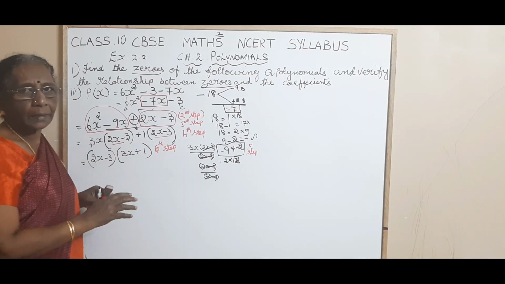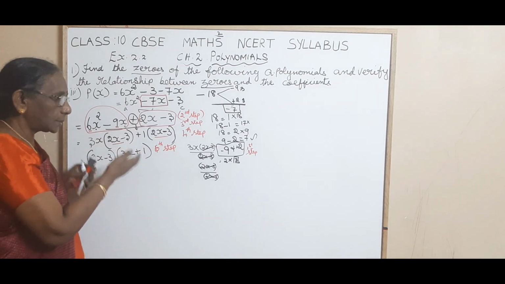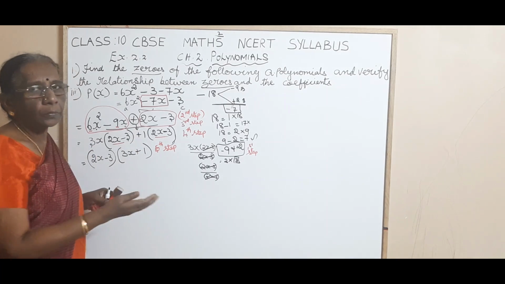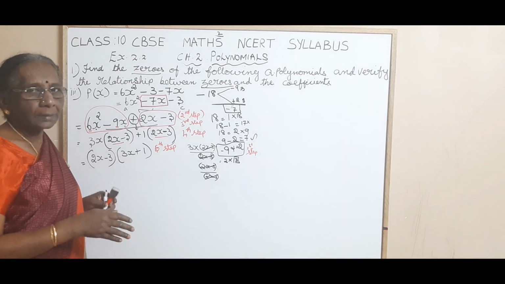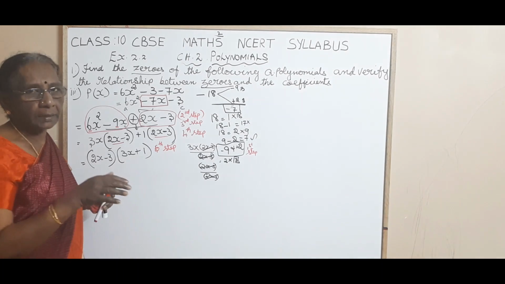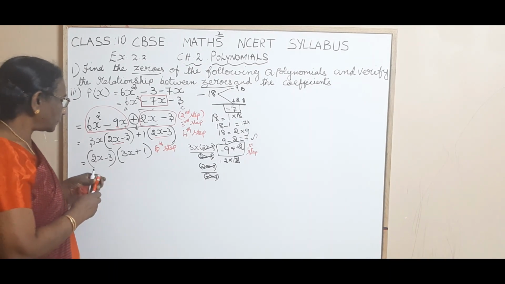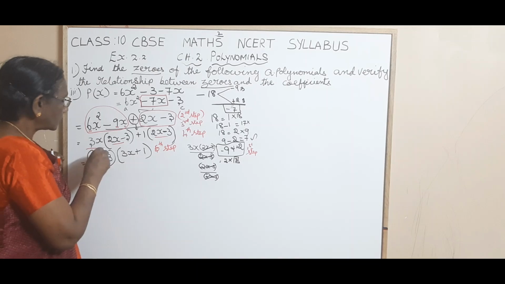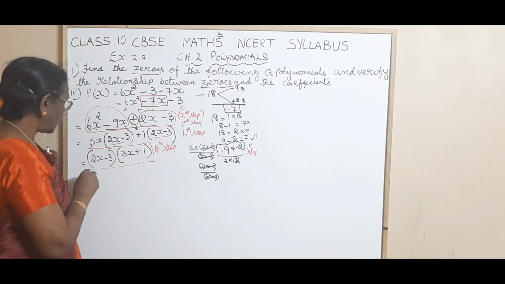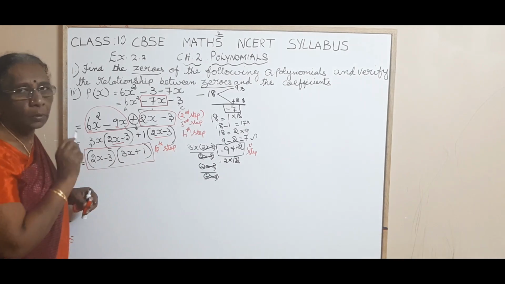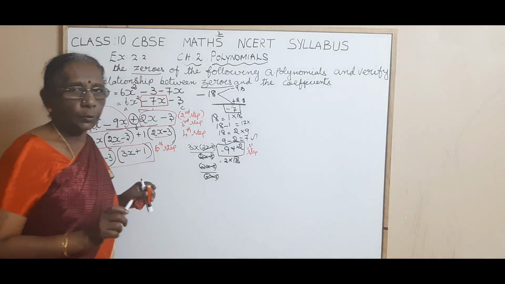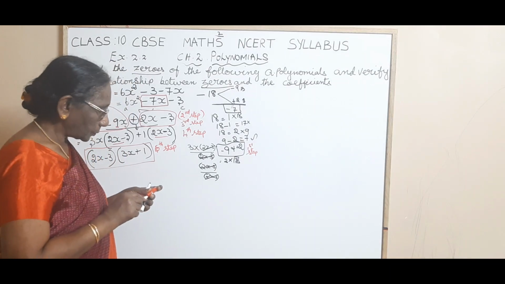Suppose in a hurry, you are not able to do this step, at that time you go for the alternate method. Sometimes they may consider that also. But this step is very, very important. Without writing this step, if you write the zeros, no mark. Marks will be reduced.